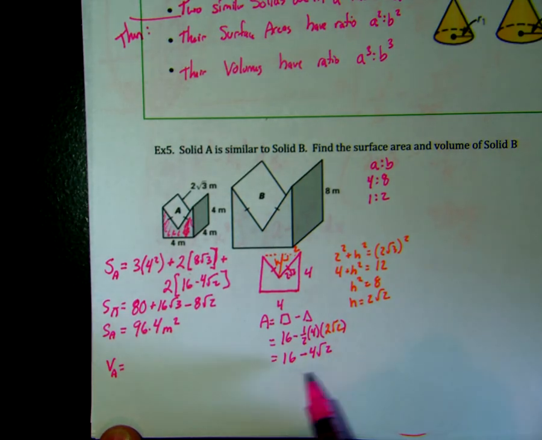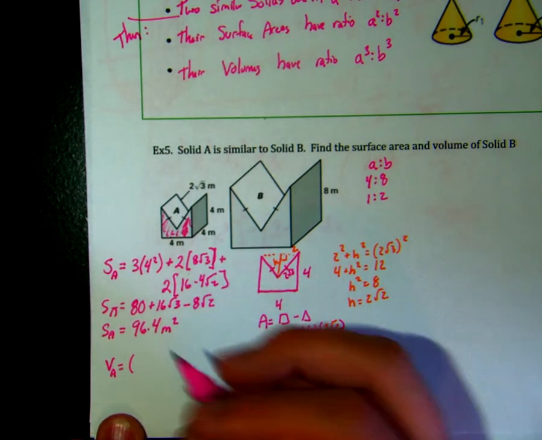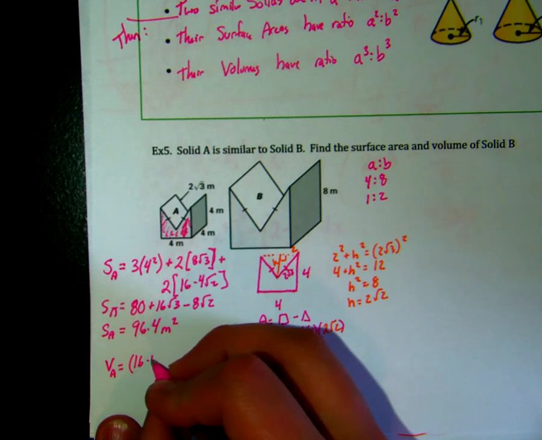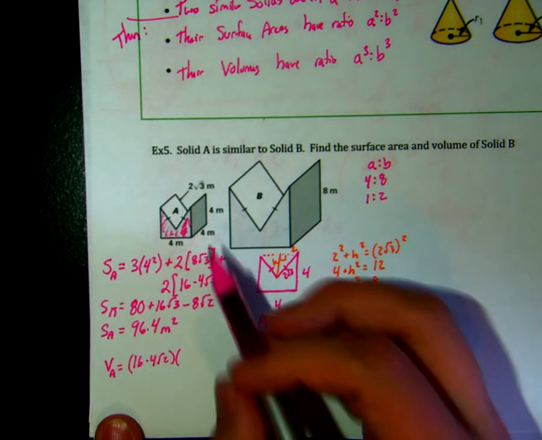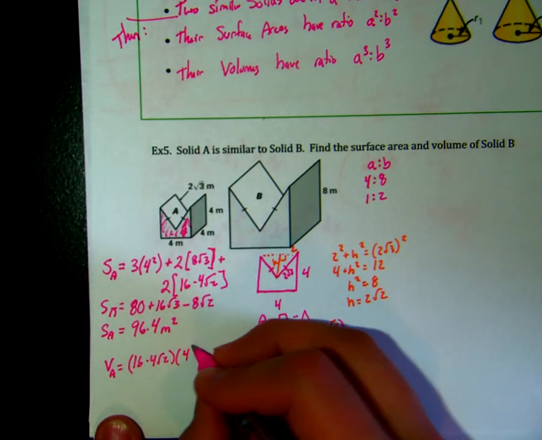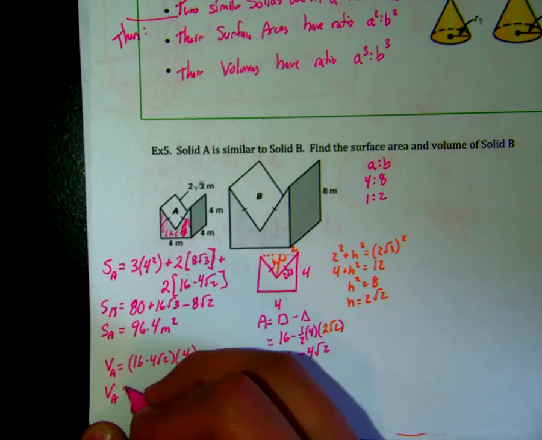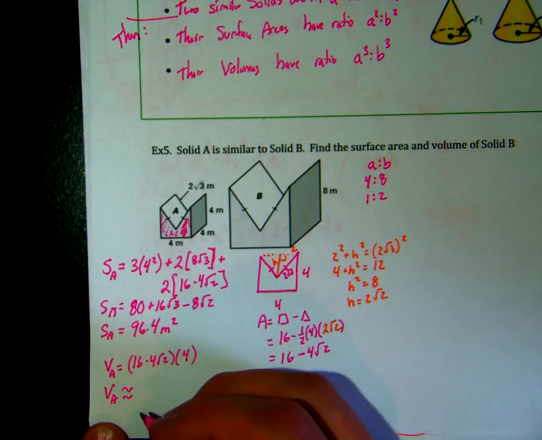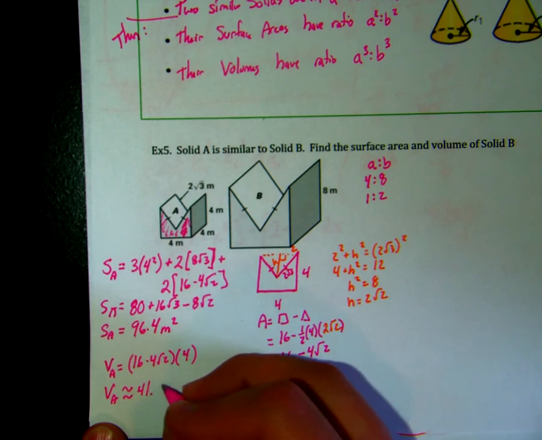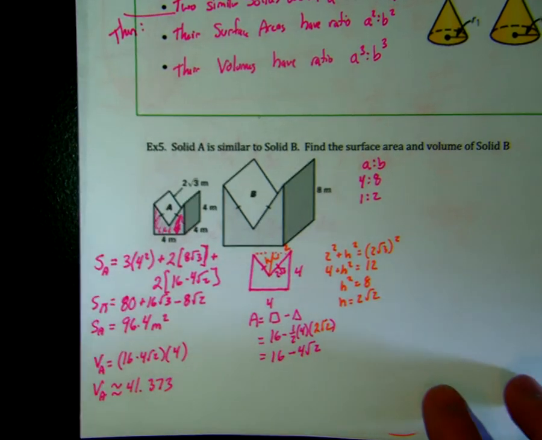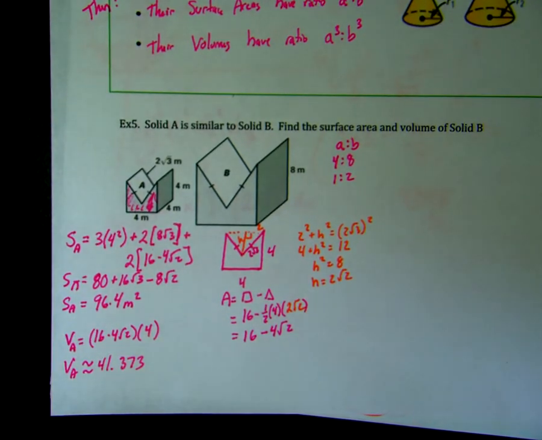We just found the area of the base. That's 16 minus 4 root 2. The height is 4. That's the distance between the bases. And this comes out to be about 41.373. Okay, so those are the volume and surface area of shape A.